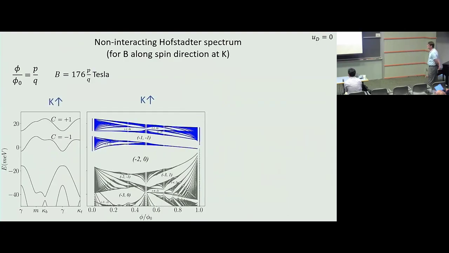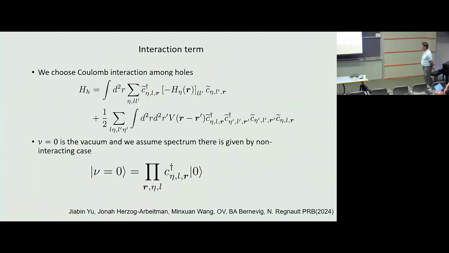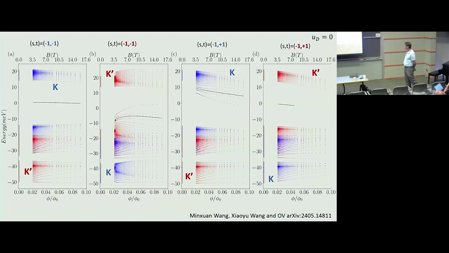This is technically a bit more challenging to do, because a full flux quantum per unit cell here will correspond to 176 Tesla. And so in order for us to go below 9 Tesla, we really have to push the numerics. We have a procedure to do this. And so let me just show you the outcome of this calculation.